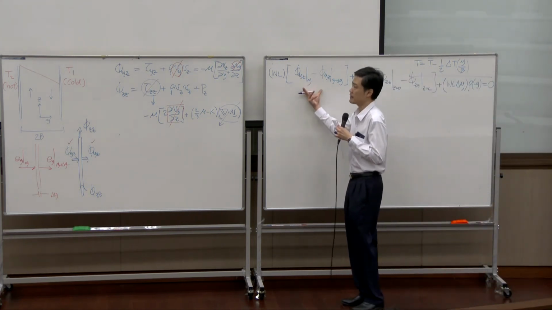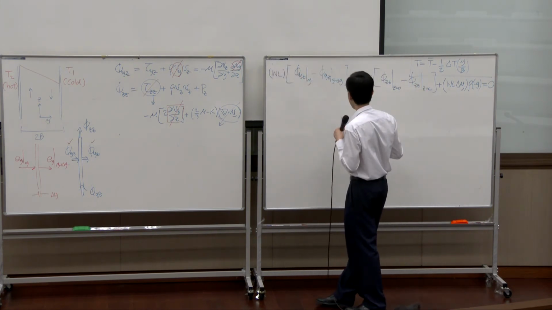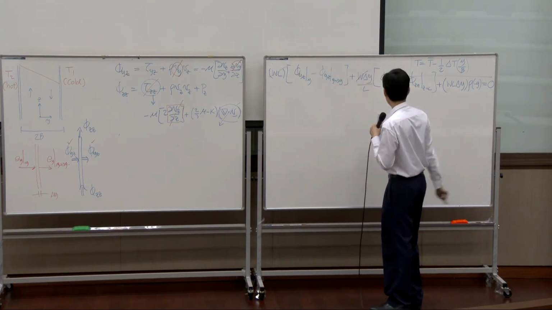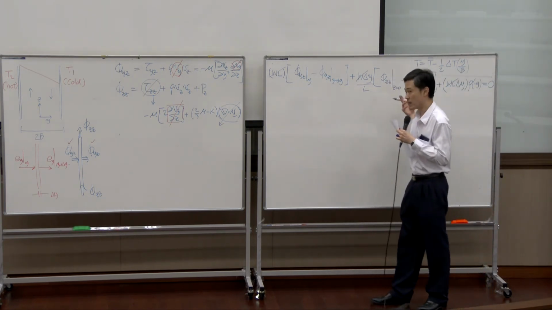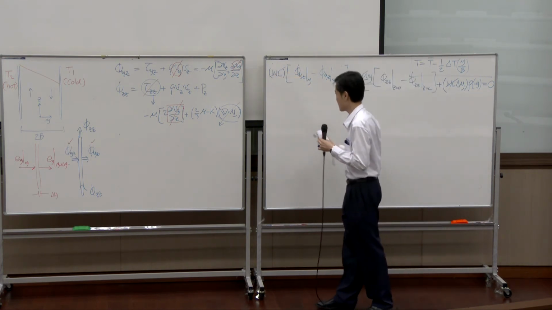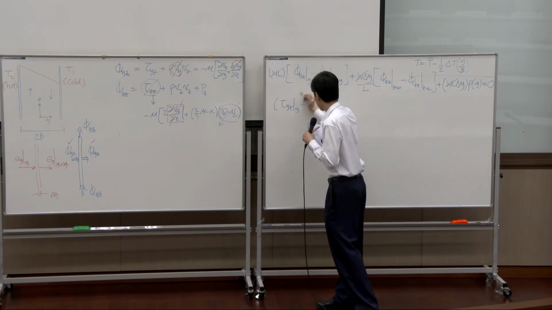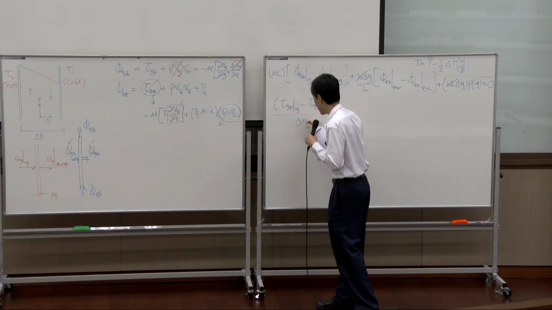For the first pair, if I divide the whole equation by WL, this WL will be gone. I'm going to have L over here. If I divide the whole equation by delta Y and I change phi to tau, the first term would be tau YZ minus tau YZ at Y plus delta Y over delta Y, right?